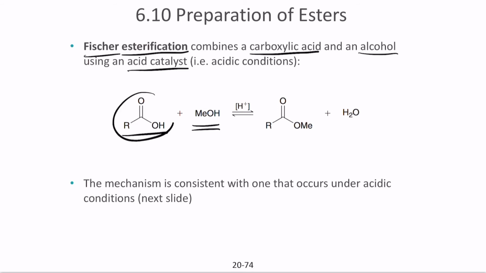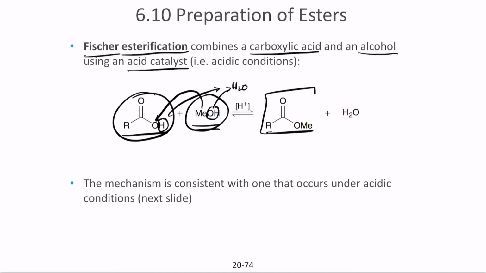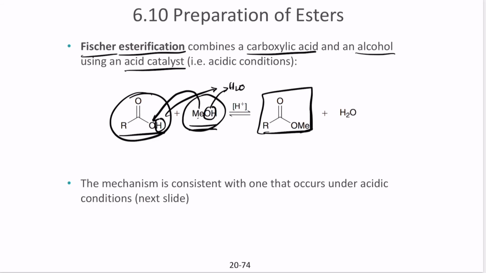What will happen here when we use alcohols? The H and the OH will finally create H2O. The methyl group will attach to the oxygen, creating the ester. Whatever alkyl group is attached to the OH bond will bond with the oxygen, creating the ester. This mechanism is the common, consistent mechanism.